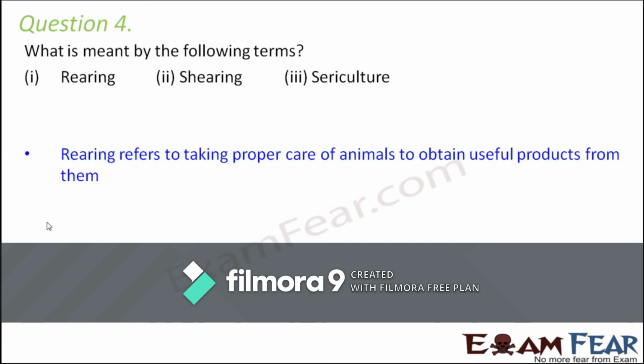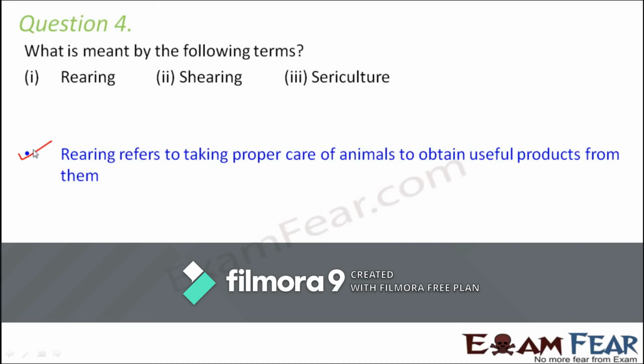Question number 4. What is meant by the following terms? Rearing, shearing, sericulture. Rearing is all about taking good care of animals to obtain useful products from them. Whether you talk about an animal like the cow, which provides us milk and so many milk products, it is important that we take care of the cow, only then will it be able to give us good quality milk.